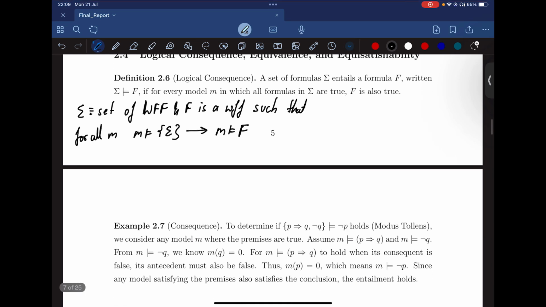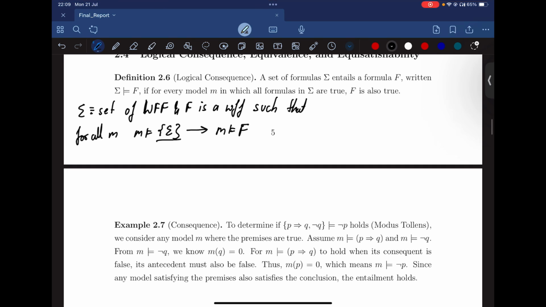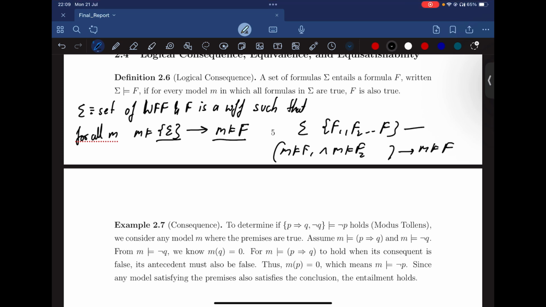Essentially, sigma is a set of well-formed formulas, and F is another well-formed formula, such that for any model where M satisfies all of the elements of sigma, it also means that M satisfies F. If there's a model where each and every one of these is satisfied by M, then it is guaranteed that M will also satisfy our consequent formula.